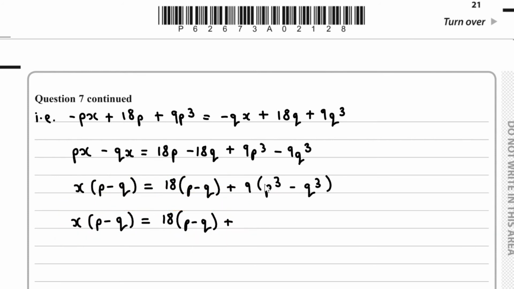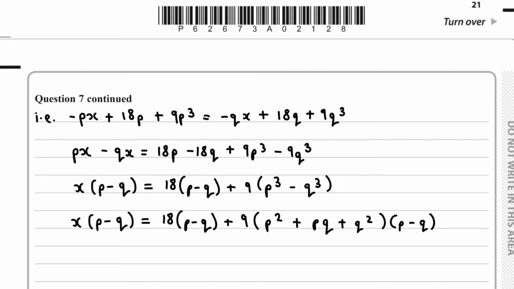So now what we can do is recognize that p cubed minus q cubed can be factorized. So if we factorize that, what we'd have is p squared plus pq plus q squared lots of p minus q.